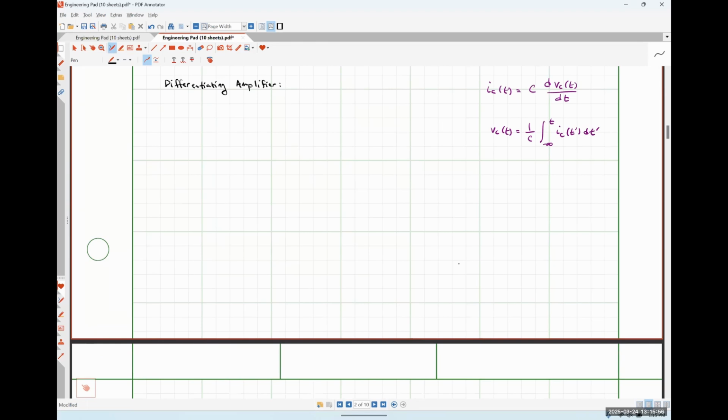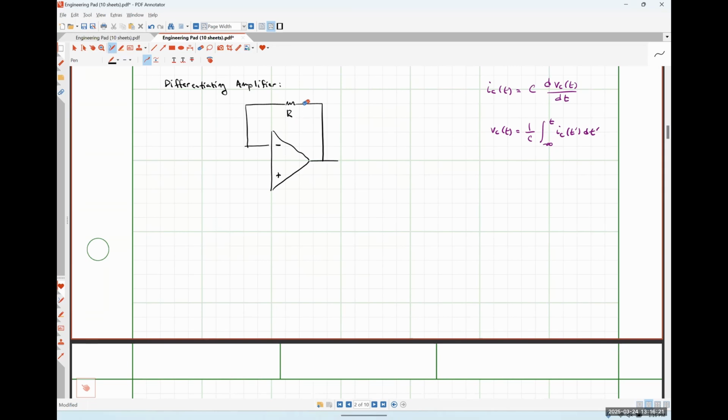But I'm 90-ish% sure that I'm doing this correctly. So I'm going to put some resistance R in a feedback position across my amplifier like so.